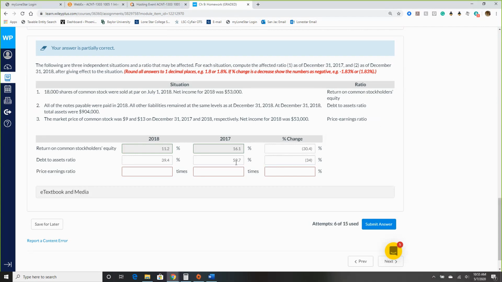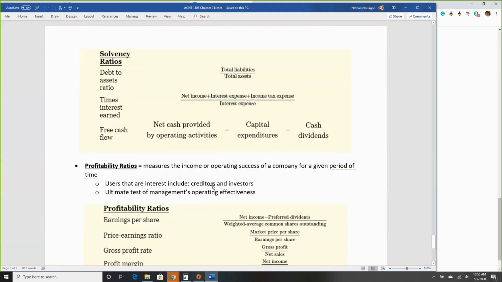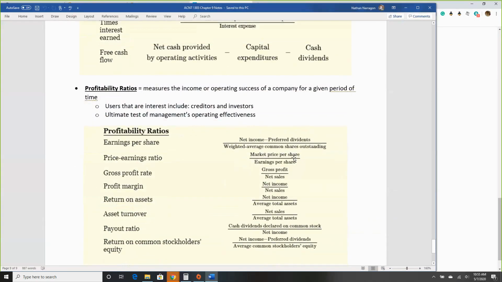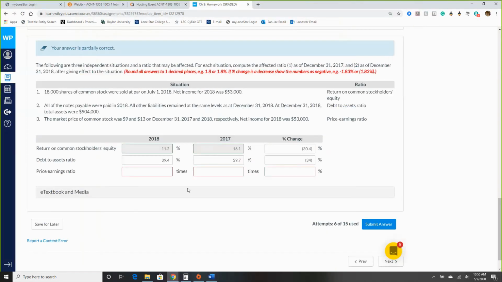Okay, last one, price earnings ratio. It gives us the market price. Price earnings ratio is market price per share divided by earnings per share. We'll have to figure out earnings per share.